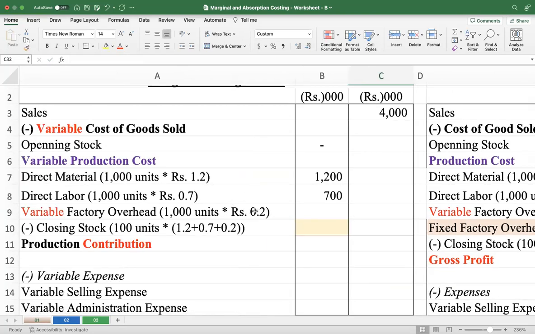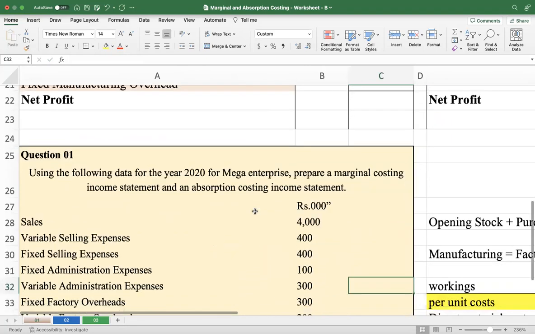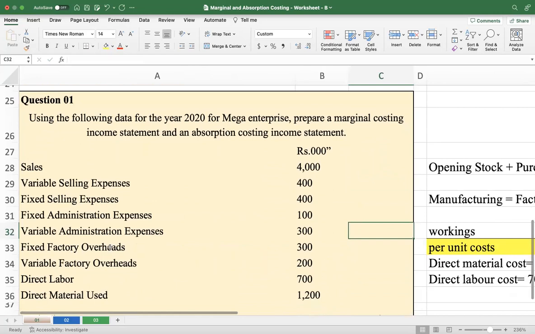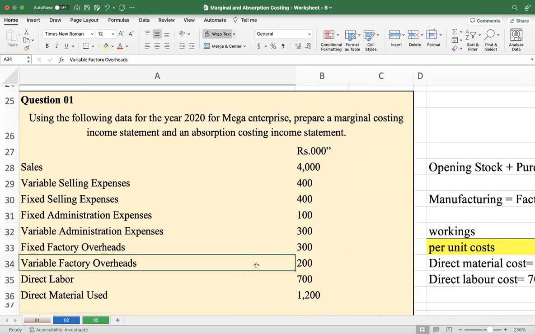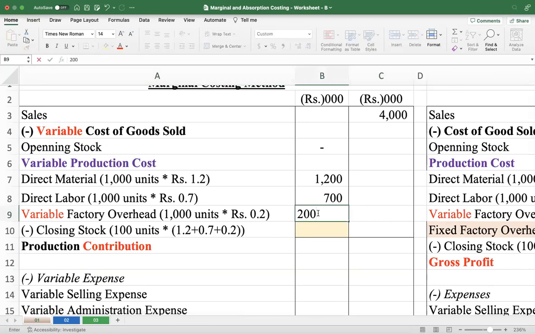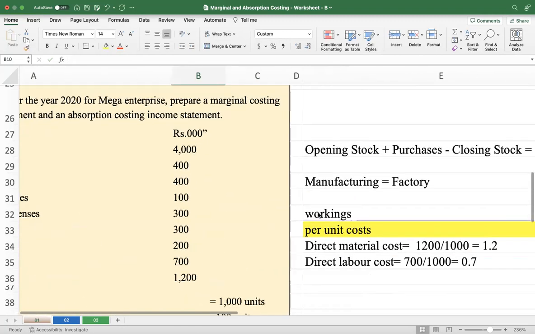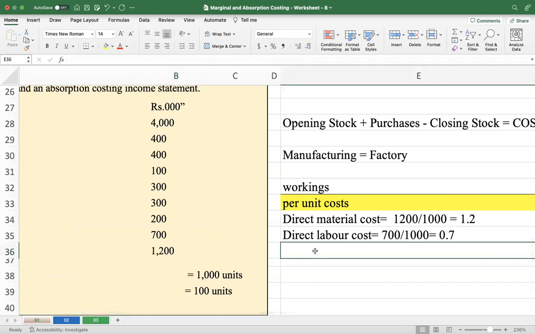Next one, variable factory overheads. Let's go to our question. Variable factory overheads, how much? 200, right? Now let's find out the per unit variable factory overhead cost.